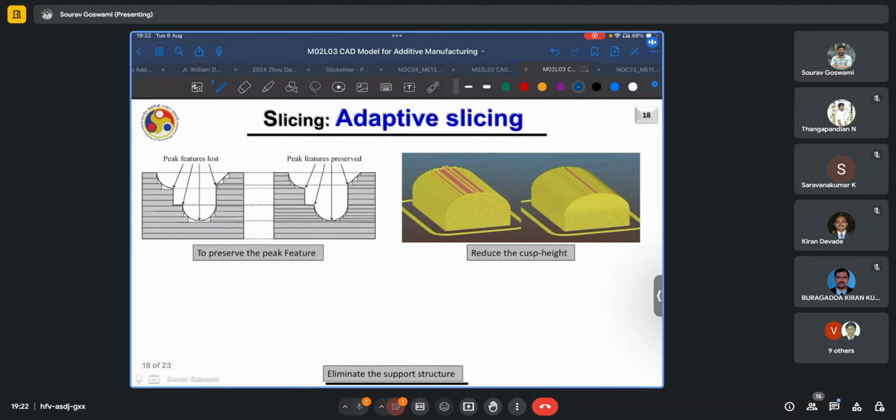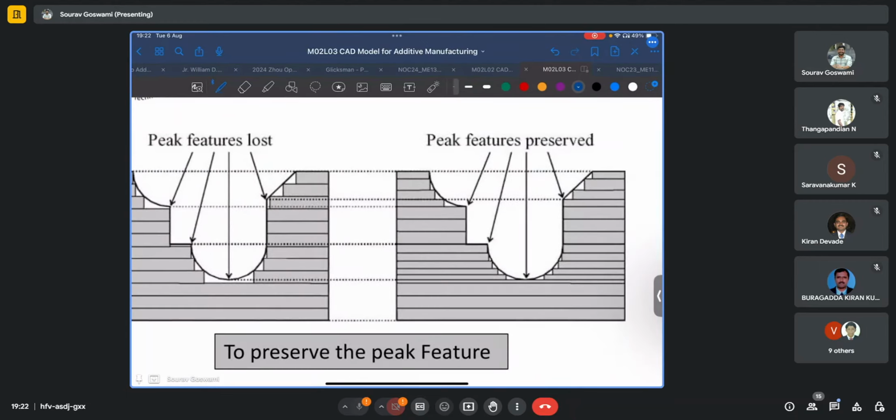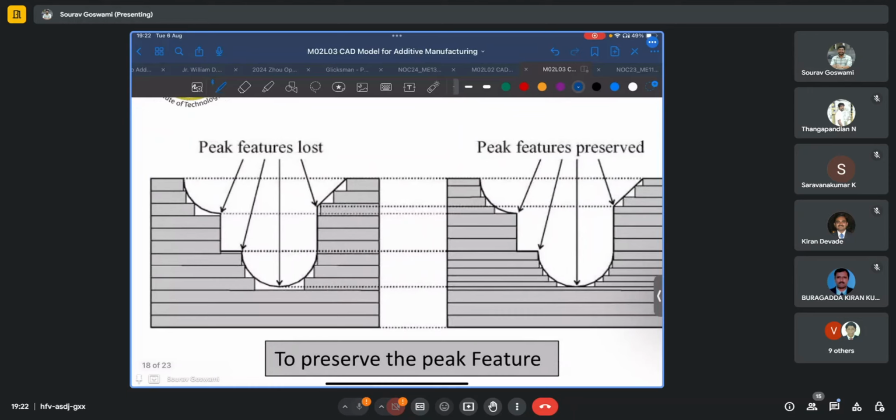We see some other cases where adaptive slicing is helpful. One is to preserve the peak features. So here we see that the original geometry had certain sharp features that should have been preserved at this point, this point, this point, and so on.